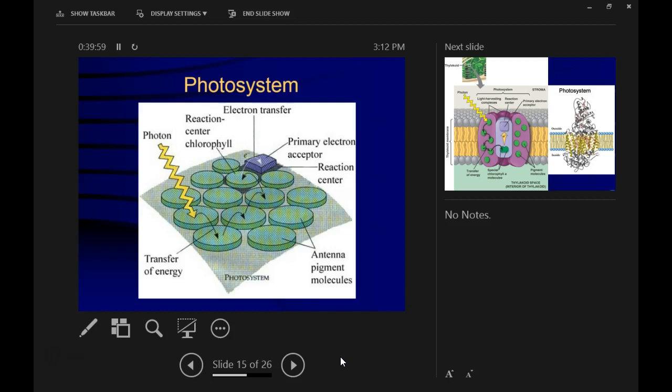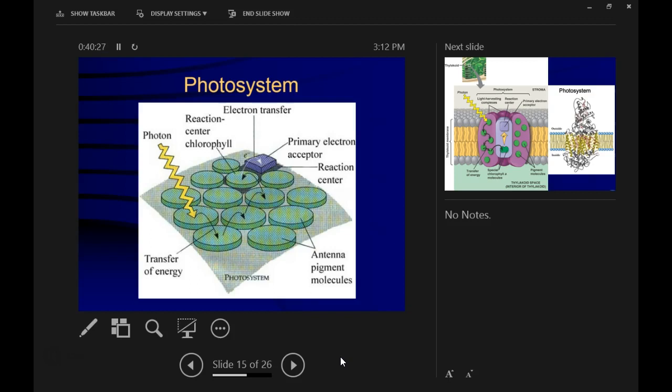So imagine distributed through the thylakoid membrane are little islands, little clusters of chlorophyll A molecules. And this is what we call a photosystem. In the middle of these photosystems is a special little pair of chlorophyll molecules called a reaction center.